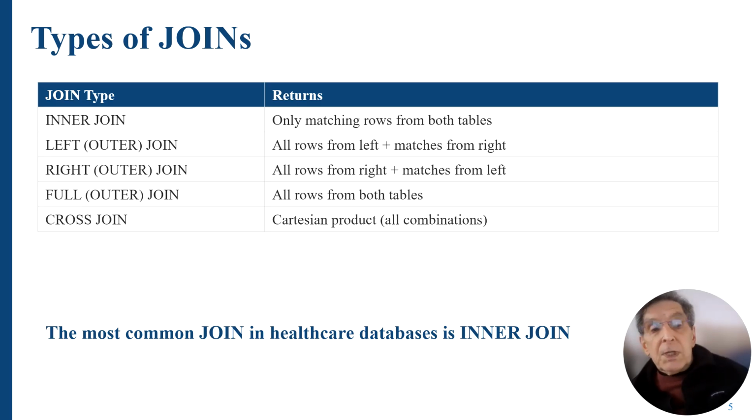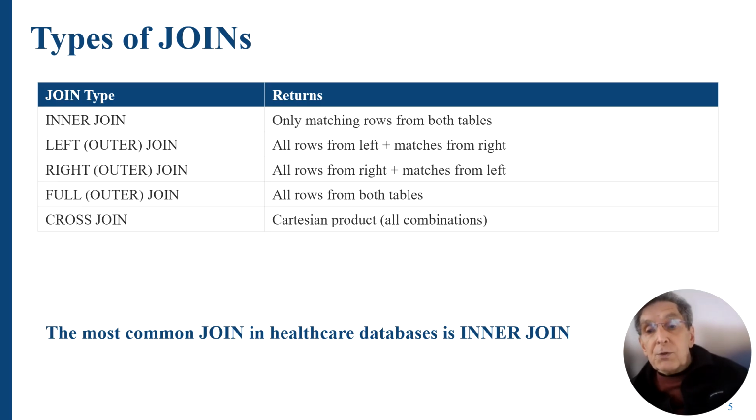A left outer join, usually just called a left join, returns all rows from the left table plus rows that match with the key from the right table. If there's no match, you get null values for the right table columns. The right outer join is the mirror image: all rows from the right table, plus any rows that match the key from the left table.